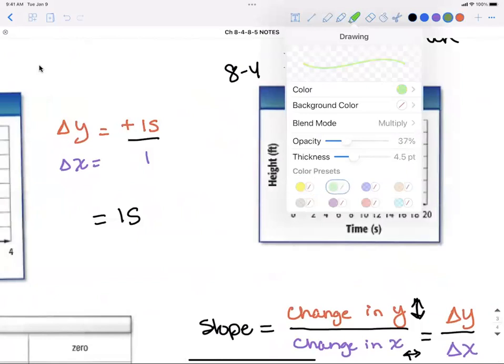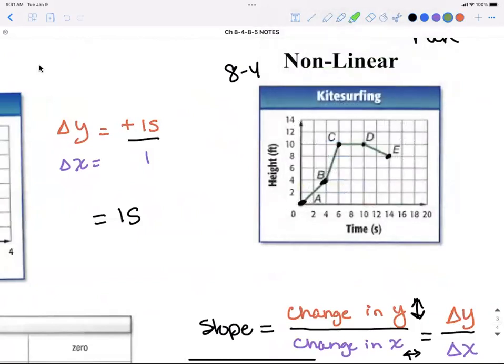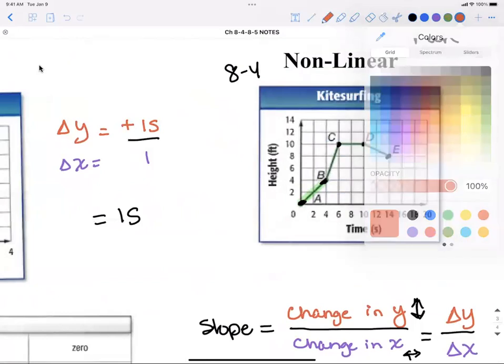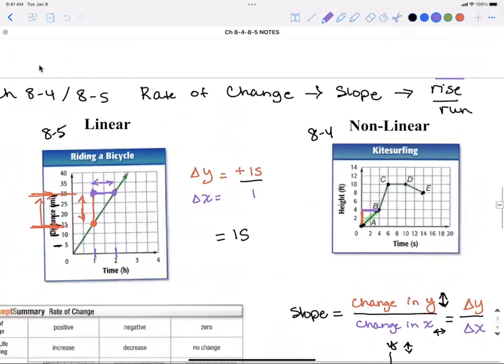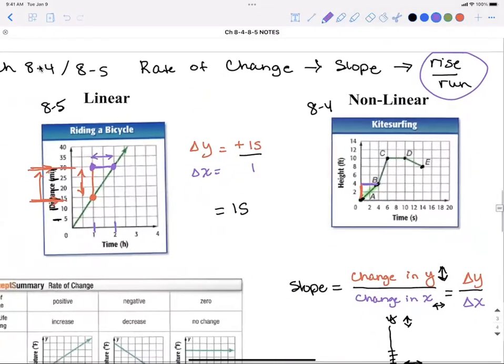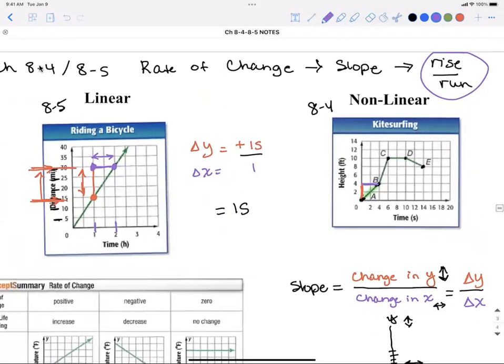If we want to look for a rate of change just for this section right here, then we need to see how much do we go up and how much do we go over, right? Rise over run. You should be used to hearing this rise over run even more than change in Y over change in X. And it means the same thing.